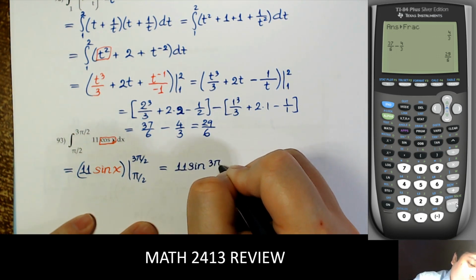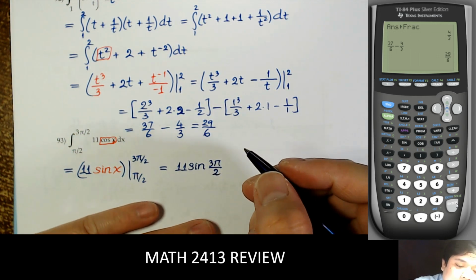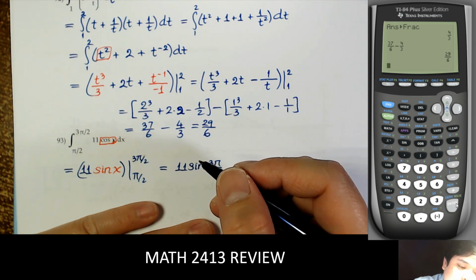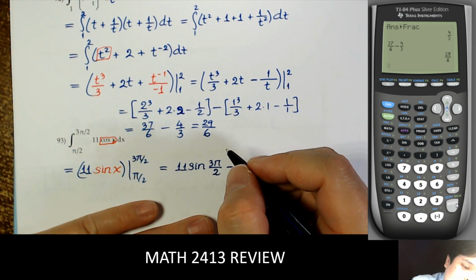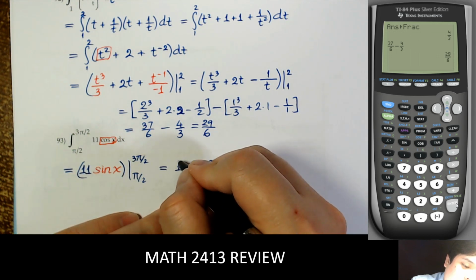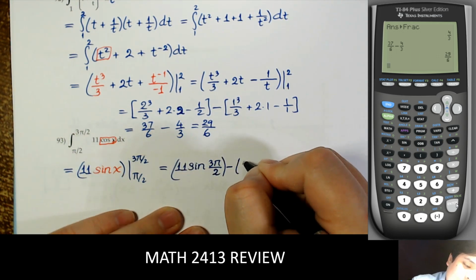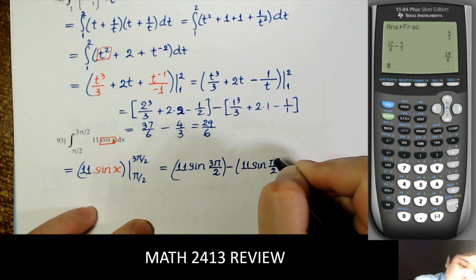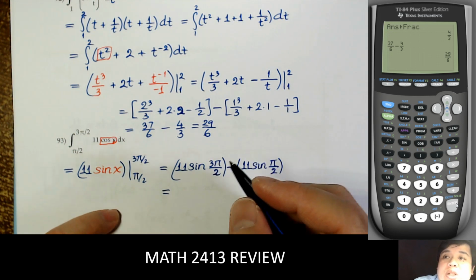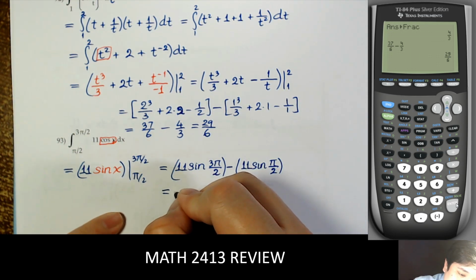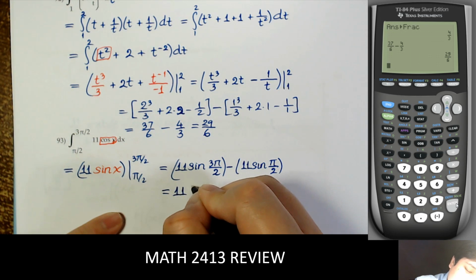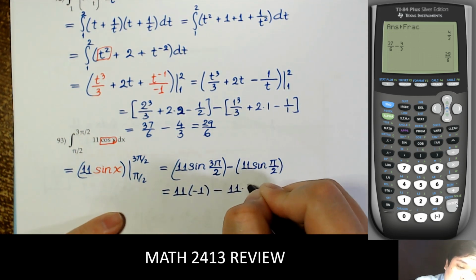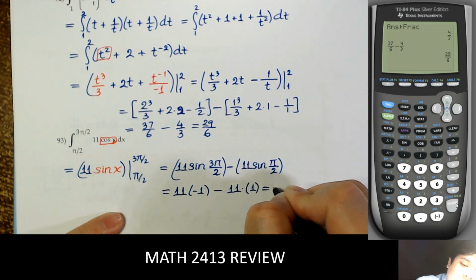We're going to put 3 pi over 2 in it, and then subtract where we put pi over 2 in it. Sine of 3 pi over 2 is negative 1, so 11 times negative 1, and then minus 11 times sine of pi over 2, which is 1. So we have negative 22.